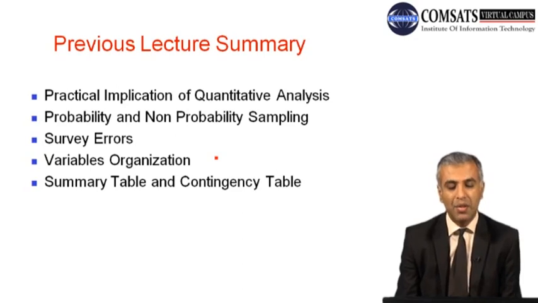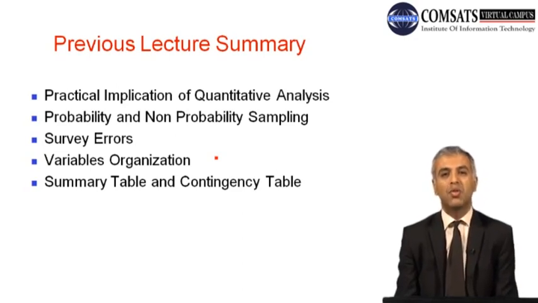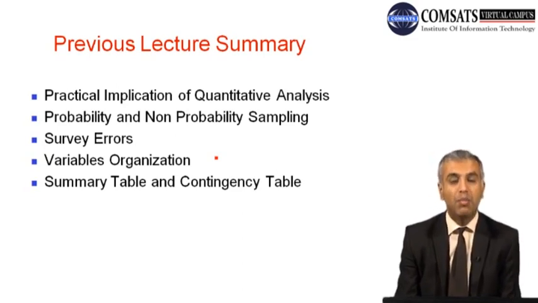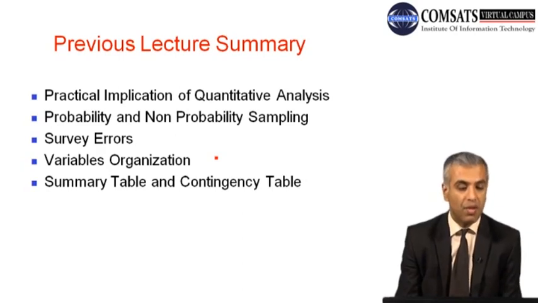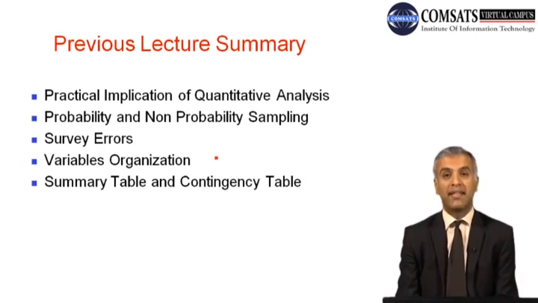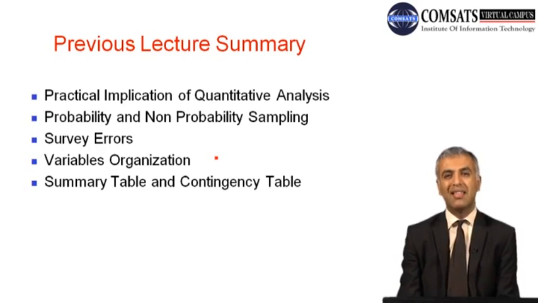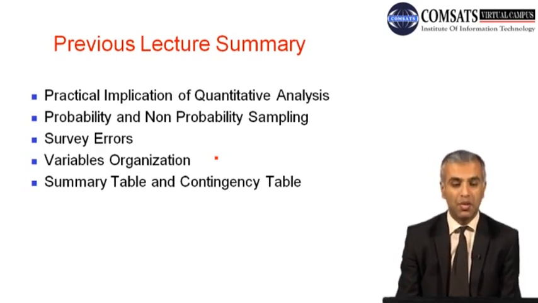There are many ways to organize these variables, and that's why we use some very popular forms which we discussed in the form of summary table and contingency table. Summary table is one of the most common forms, but nowadays contingency table is more frequently used.